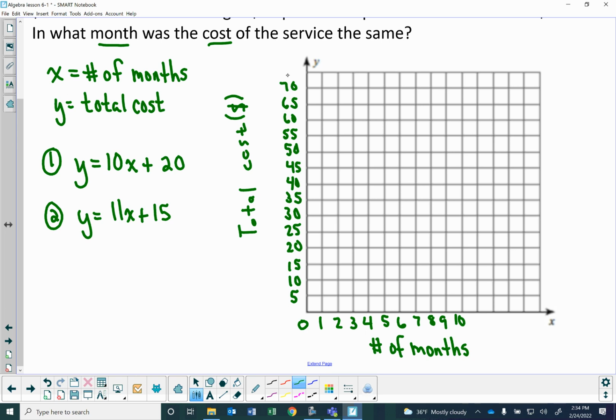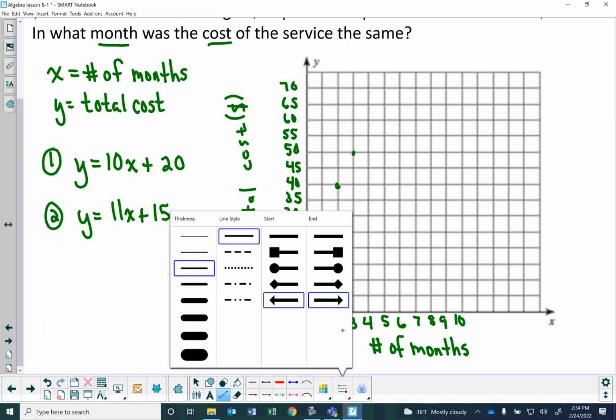All right. Graphing graph number 1, I can use slope intercept quite easily. It crosses the y-axis at 20, and its slope is up 10 over 1. So up 10 over 1, up 10 over 1, up 10 over 1. That's an easy graph to do. That one's not too bad.